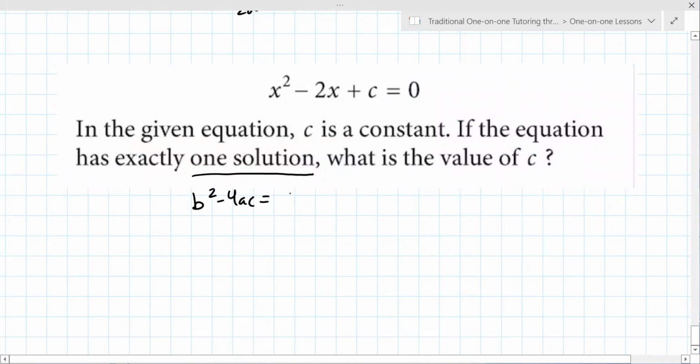0. Yeah. So notice you don't care about the rest of the formula, you just care about this part of it. So can you tell me the value of a, b, and c in this formula?